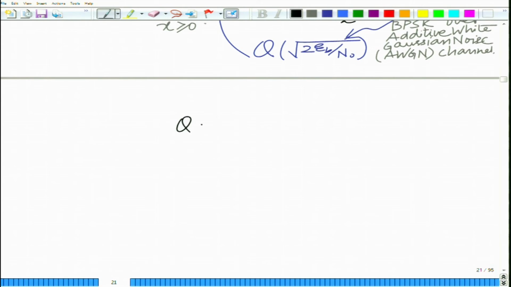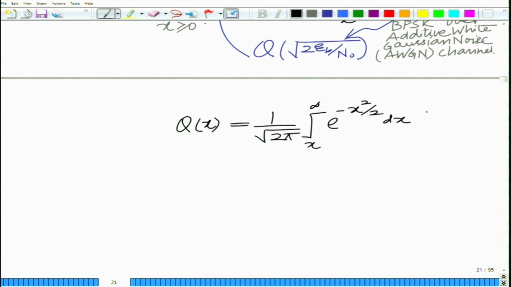We start with the definition Q of x equals 1 over square root of 2 pi times the integral from x to infinity of e raised to minus t square by 2 dt. I apologize.